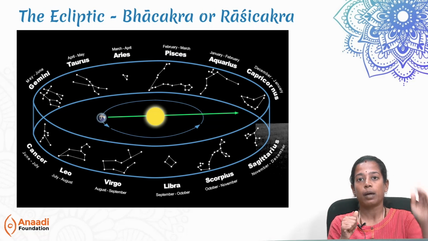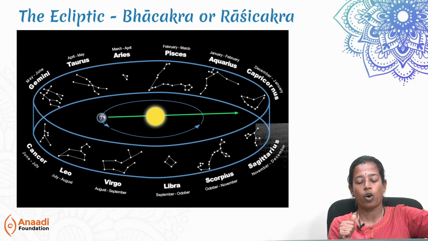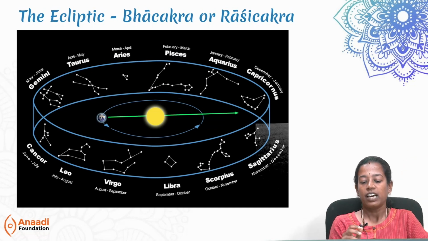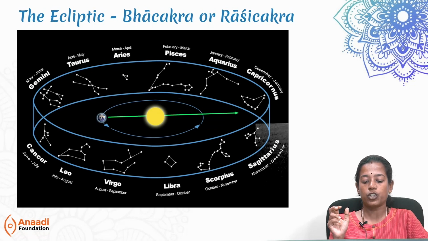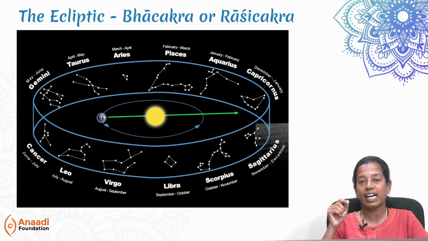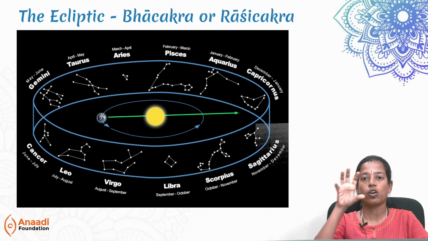How do we know that? Because its background keeps on changing, and hence we connect all the constellations through which the sun goes, and we get this green color circle that we saw earlier, the ecliptic circle, and that circle is the ecliptic or Bha Chakra. This is how the 12 Rashis are also formed, mapping these to specific constellations.